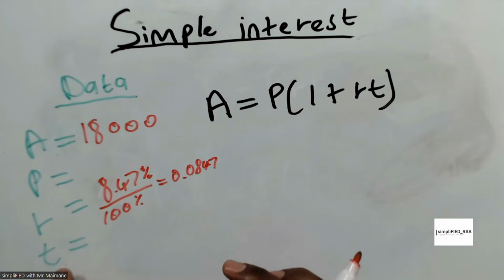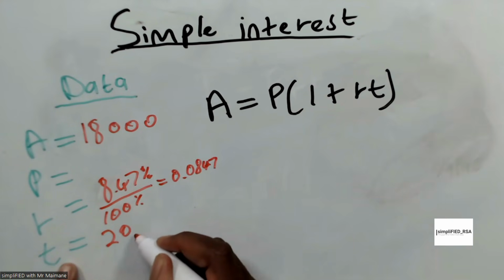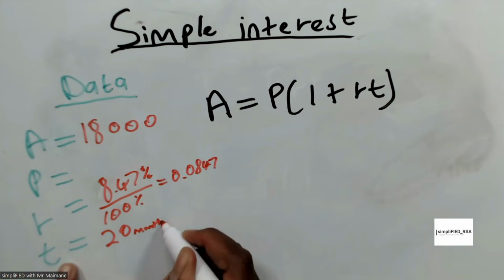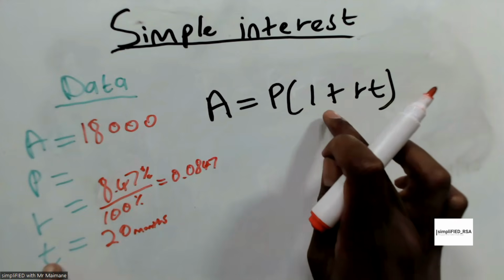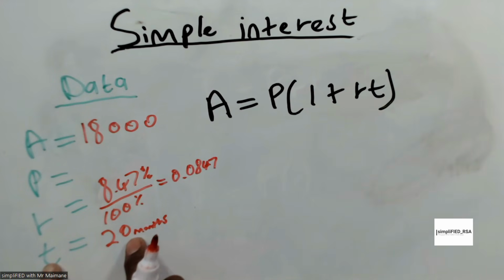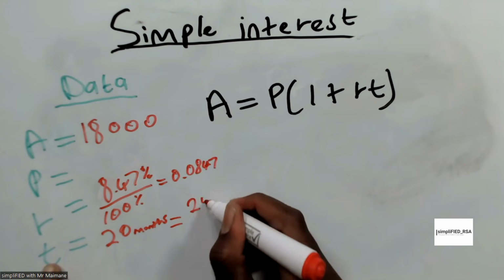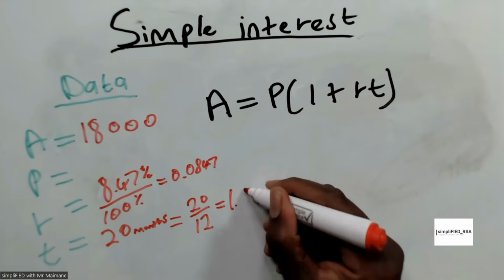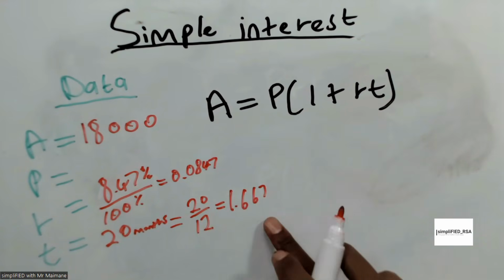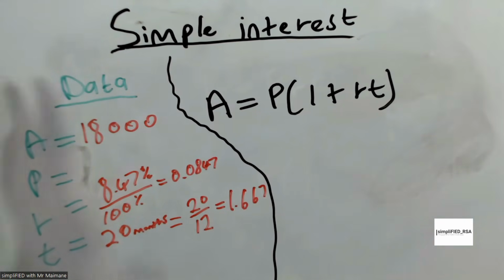Then we know that T is 20 months, but we want T in years. So we convert the months into years by dividing by 12. This gives us 1.66667.